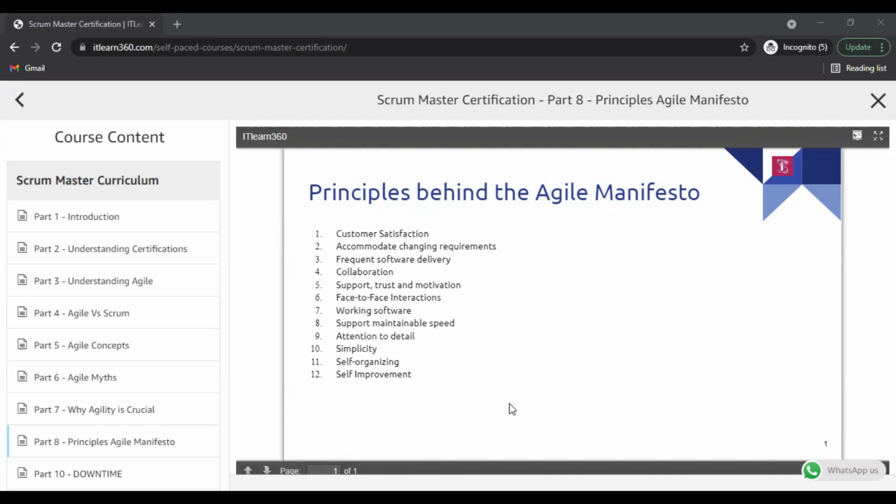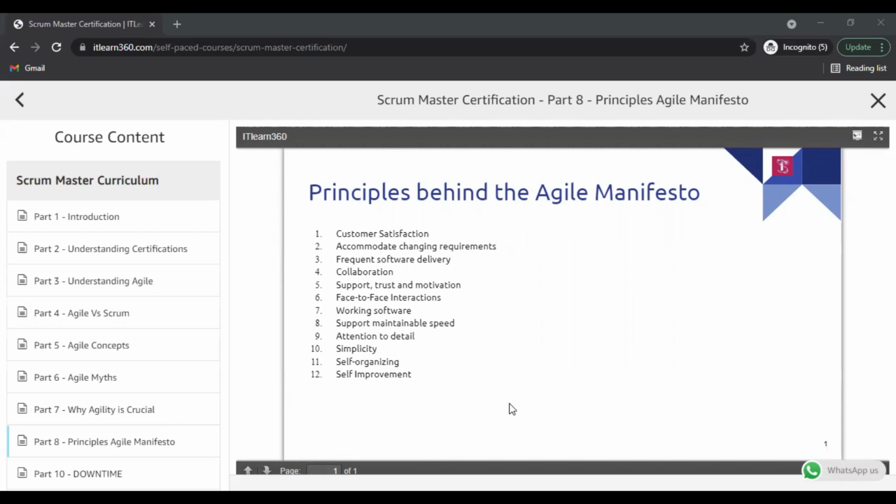And that's the reason, rather than following exactly a structured plan, Agile talks about customer satisfaction. And customer satisfaction comes with giving the customers the option of accommodating changing requirements. All right.